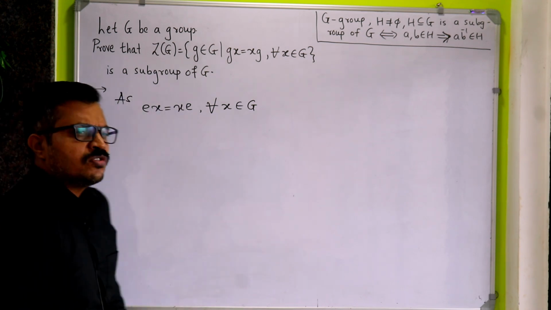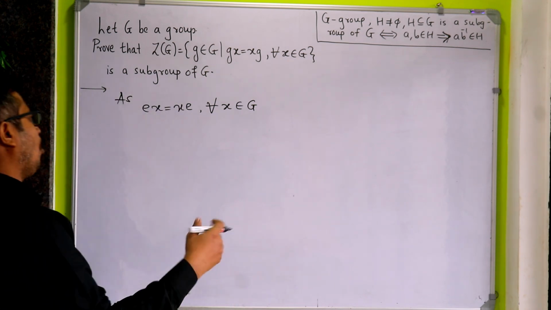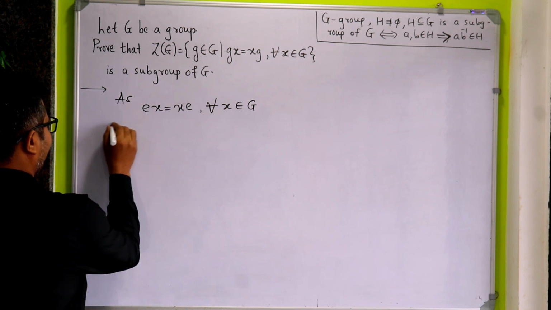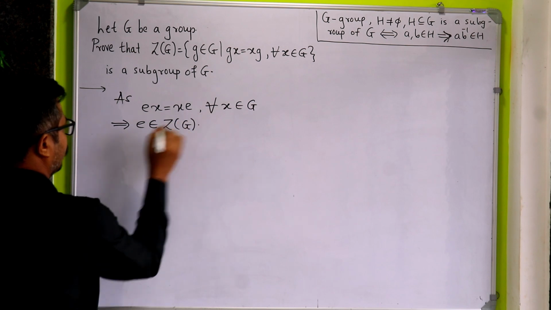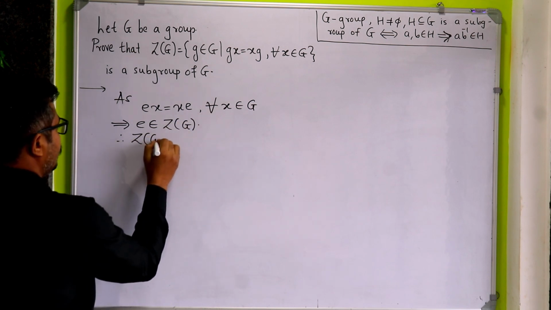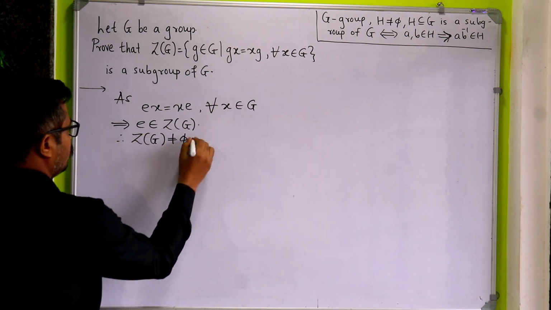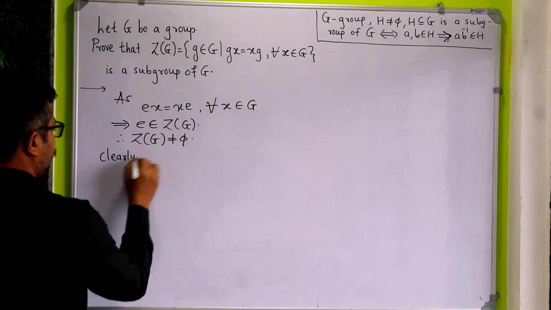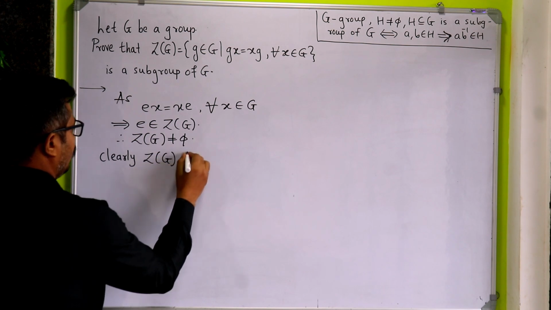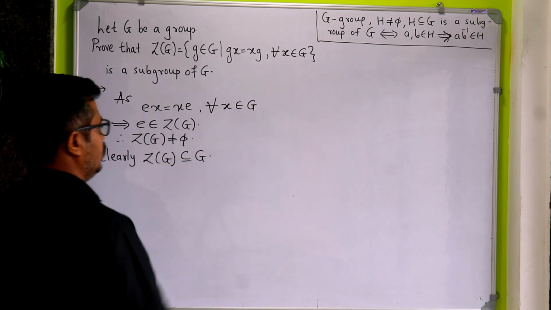So whatever may be the choice of x, this E will always commute with x, and this implies E belongs to the center of G, and therefore the center of G is non-empty. No issues for subsets. Clearly the center of G will be a subset of G.